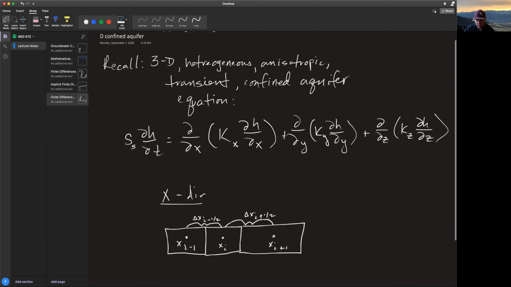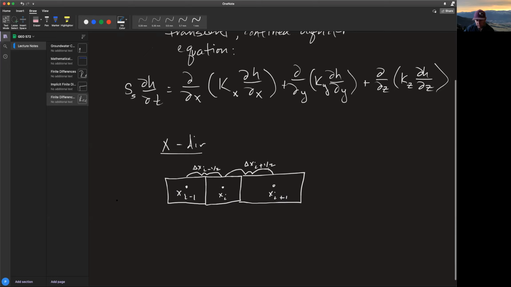And then the cell spacing between the two midpoints, we're going to call delta x sub i. Okay, so let's just remember a few things.